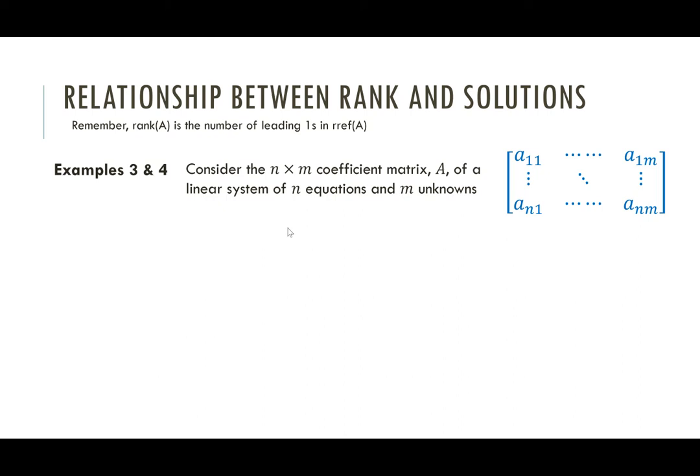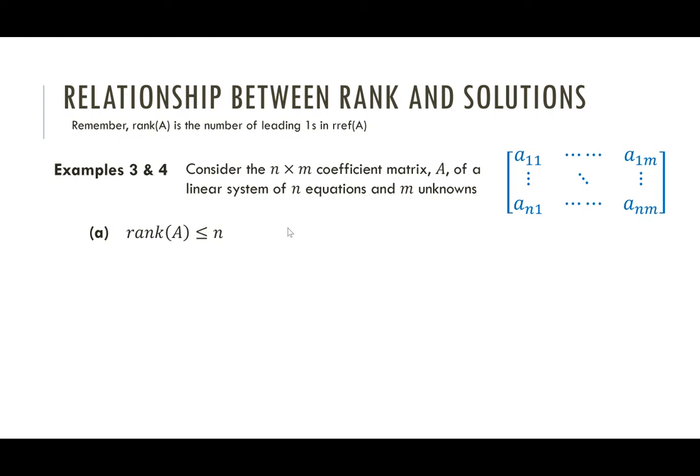The first thing in this theorem is that the rank of A is less than or equal to n. That means the number of leading ones has to be less than or equal to the number of rows. And this is most certainly true.